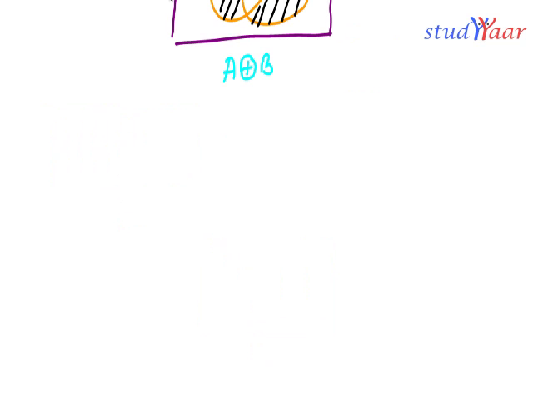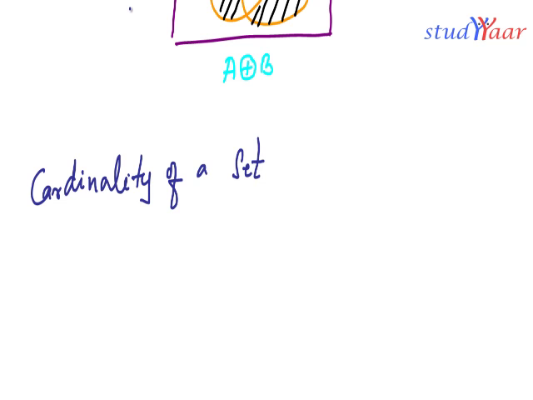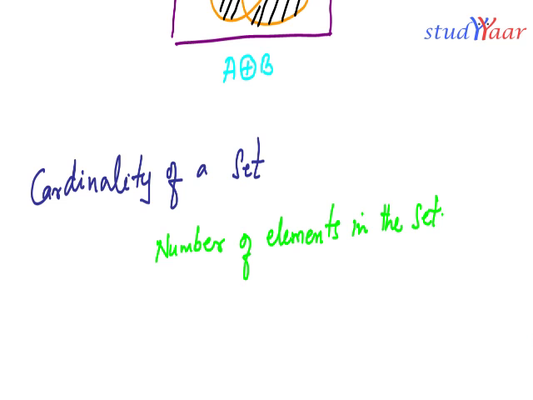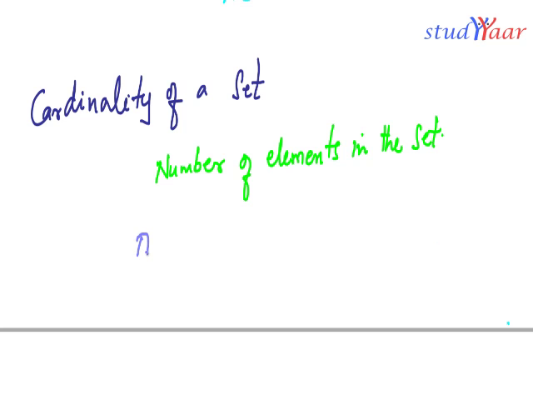Now let's look at some other terminologies that are required in the study of sets. The first one that we are going to see is cardinality of a set. Cardinality of a set is simply the number of elements in the set. Let us suppose that A is equal to {2, 4, 6, 8, 10}.